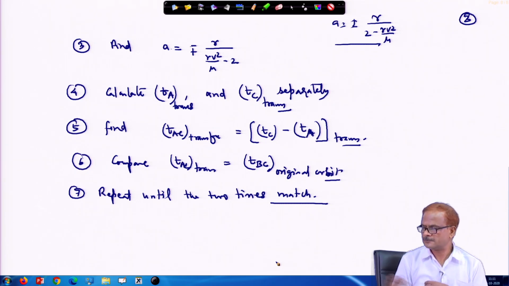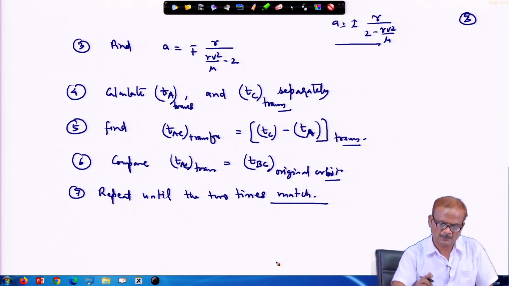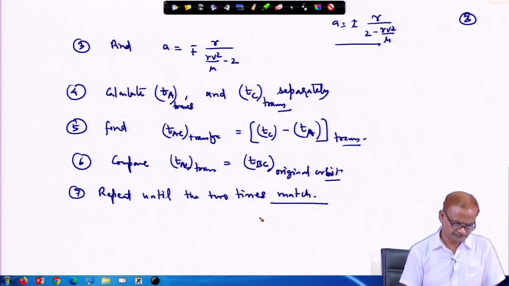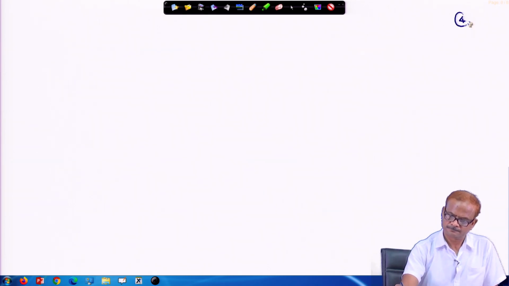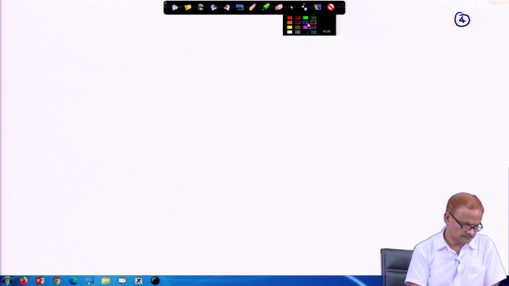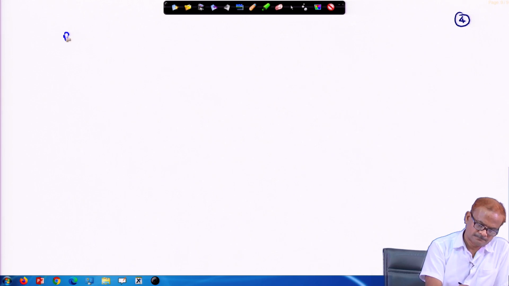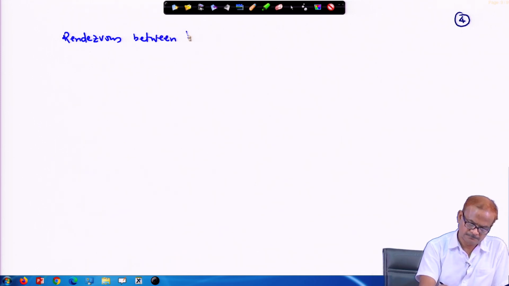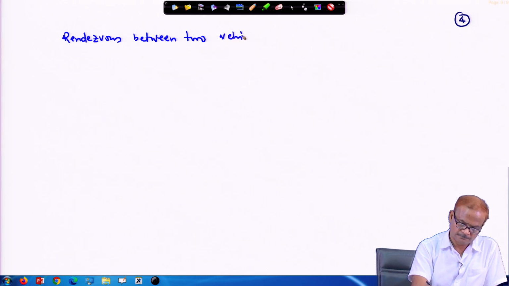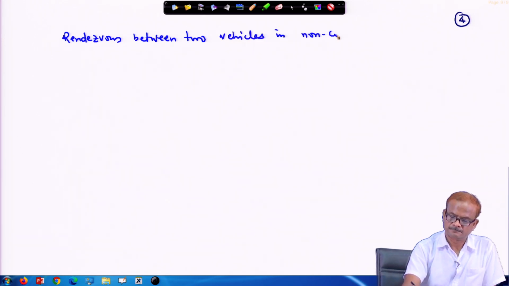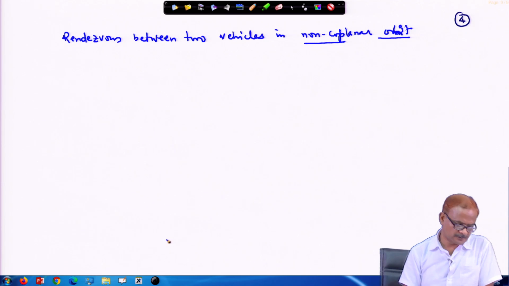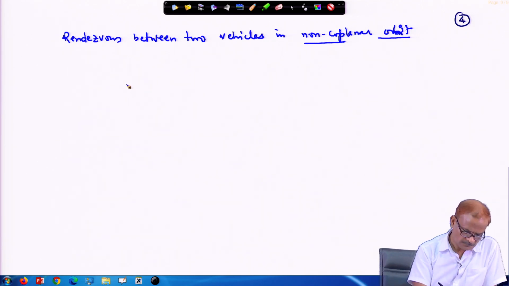So, I will solve one problem based on this: rendezvous between two vehicles in non-coplanar orbit.